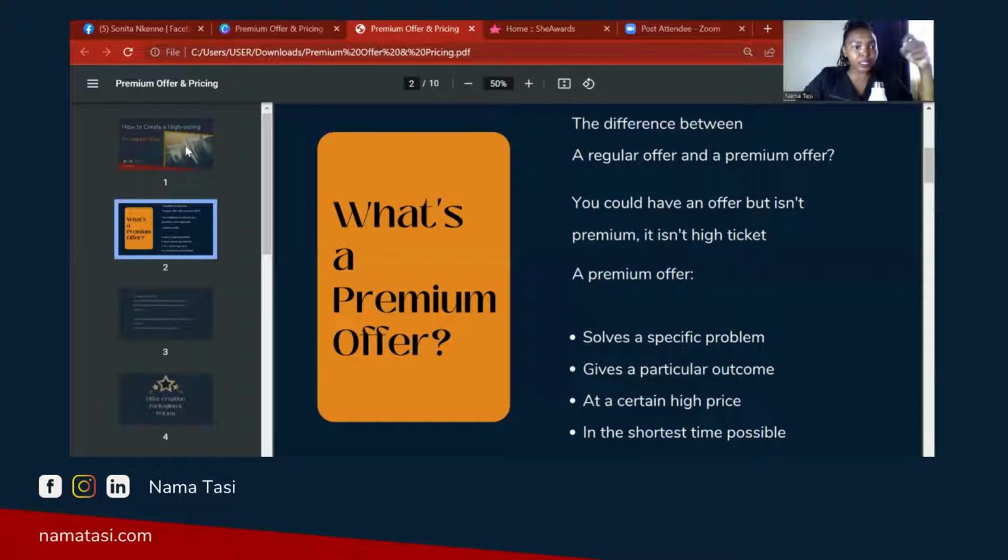So in the shortest time possible, and this is for you to decide, your offer from start to finish. Does it take your client from where they are to where they want to go? And how long would it take for them to move from this place to that with the help of your offer? That is the shortest time possible.